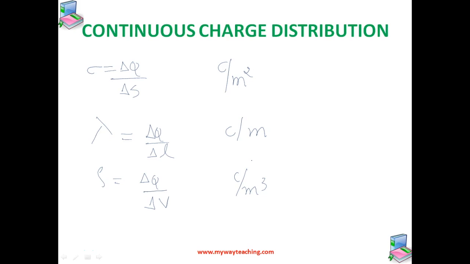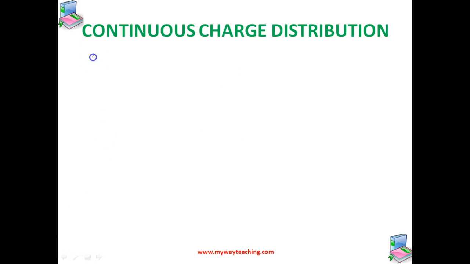And we feel the electric field due to a continuous charge distribution can be obtained in a similar way as we got it for a system of discrete charges. Suppose a continuous charge distribution in space has a charge density rho. You just assume. Okay, it has a charge density rho, and choose any convenient origin O, and let the position vector of any point in the charge distribution be r.